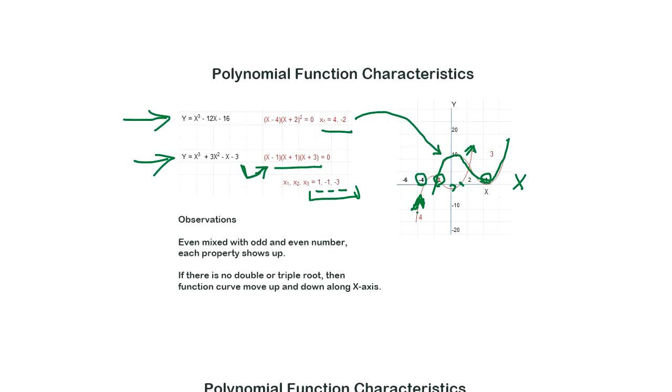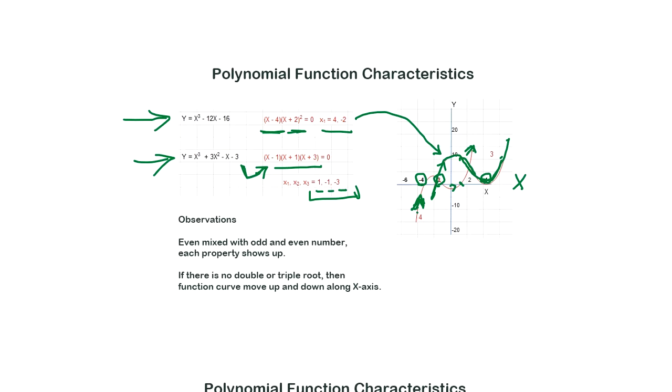On the other hand, when you have one single root and one double root, the single root is crossing this way, and the double root is touch and go, so it's going to be like that. Okay? So it's very important.